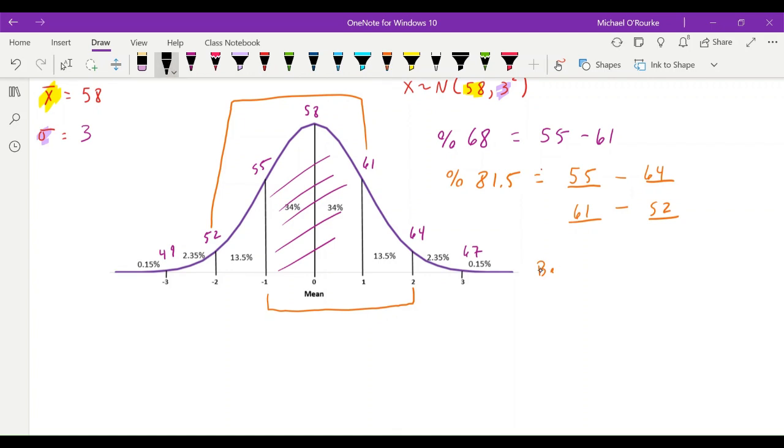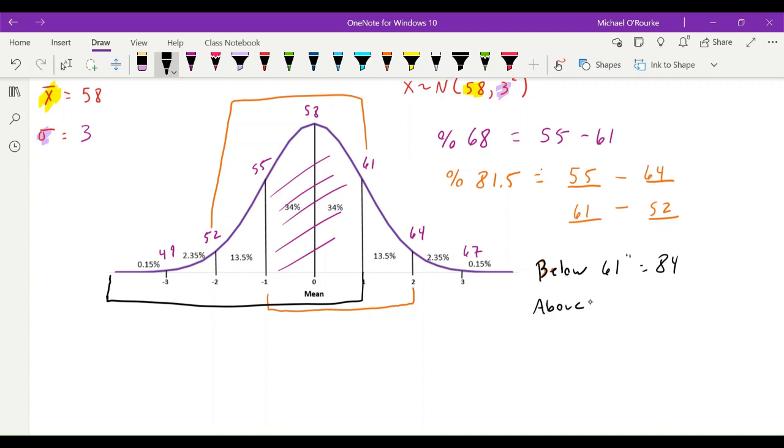below, let's use different colors. What percentage of the population is below 61 inches? If I'm talking below, I'm talking this way, which would be 68 plus 13.5 plus 2.35 plus 84% below.